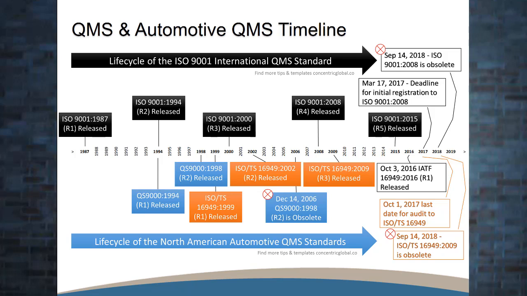October 1st, 2017 is the last date to be audited to ISO TS 16949. And then backing up a few more months, October 3rd, 2016 was the first release of IATF 16949:2016.